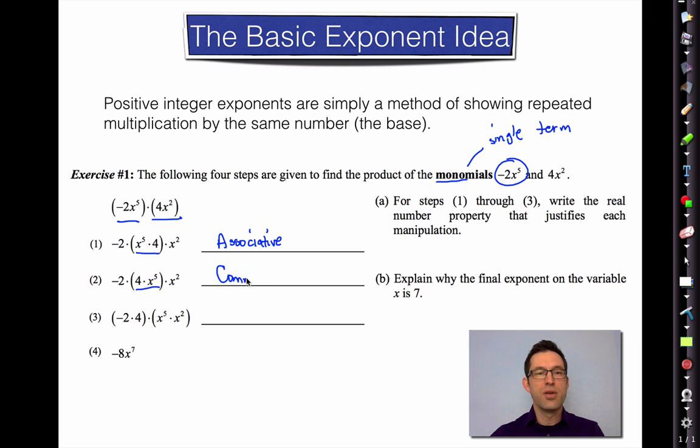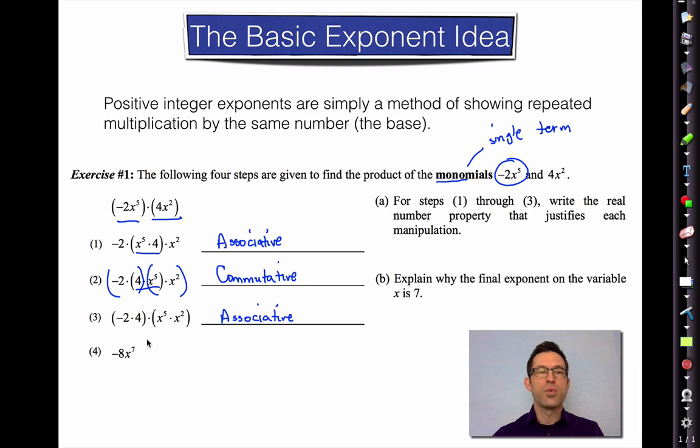Well, that's the commutative property of multiplication. Finally, I'm going to decide, I think I'll actually multiply these two numbers and these two numbers. That's again associative. So a bunch of associative and commutative properties basically just say to me, look, do whatever you want. If you've got a bunch of multiplication, do it in whatever order you decide to.